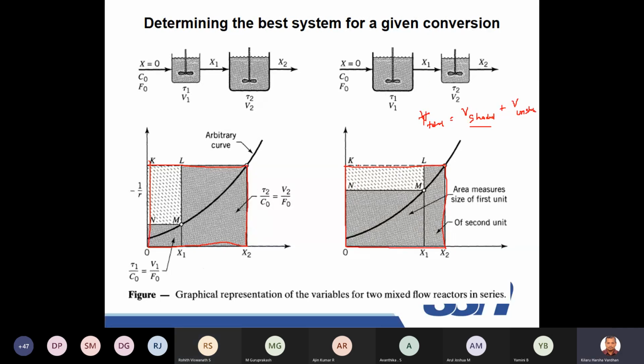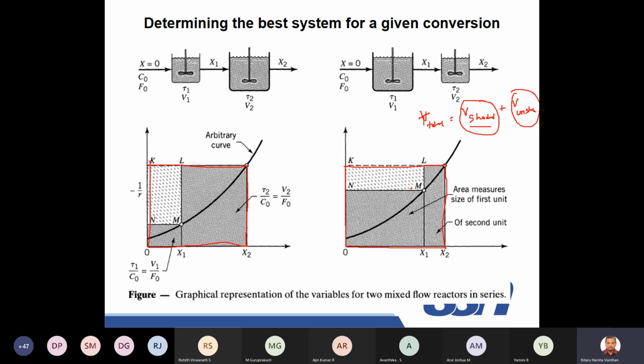Unshaded is what we do not have anything in the picture for, here and here. So shaded should be small, meaning unshaded should be very large. If you make unshaded large, then the volume required will be much lesser, correct, compared to that. How to do that?